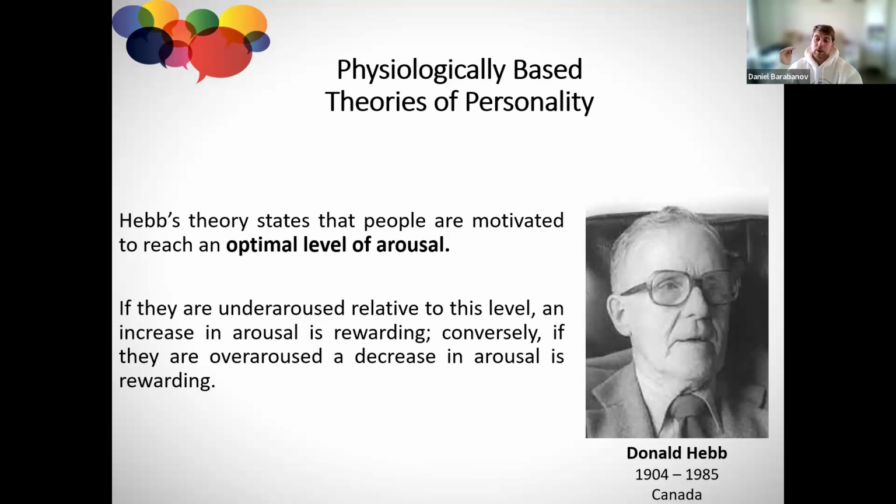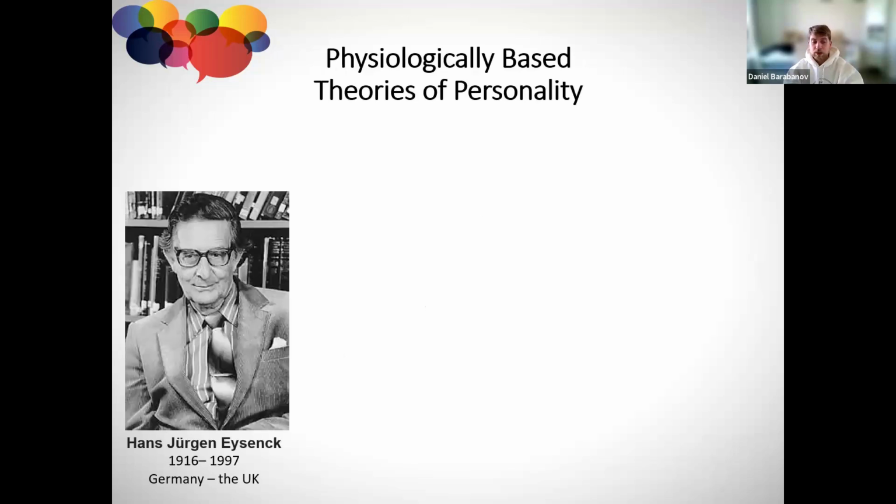If you're over-aroused, your activation is too high, you seek different types of activities to decrease your level of arousal to return back to this hypothesized optimal level. So this is how we are motivated, because people want to reach this optimal level. Of course, this optimal level would be a bit different for different people. So it's the source of individual differences between people.